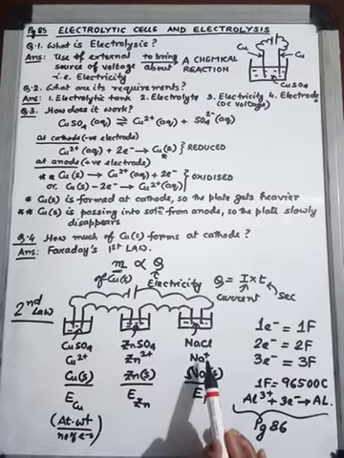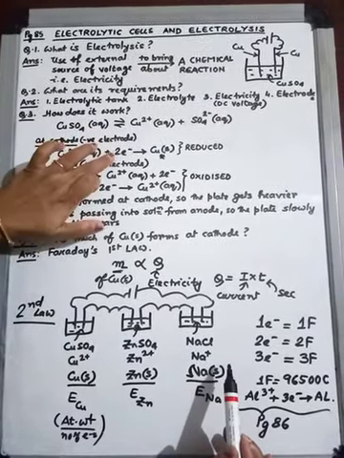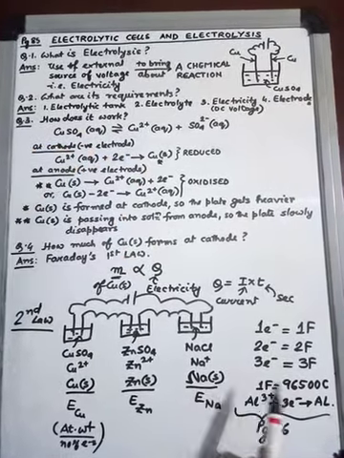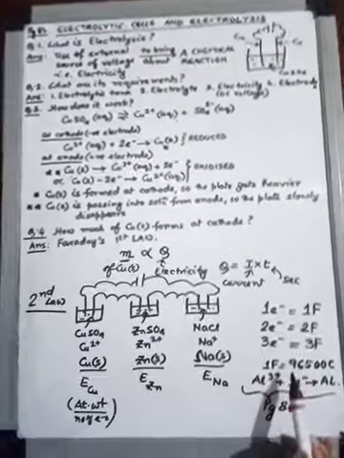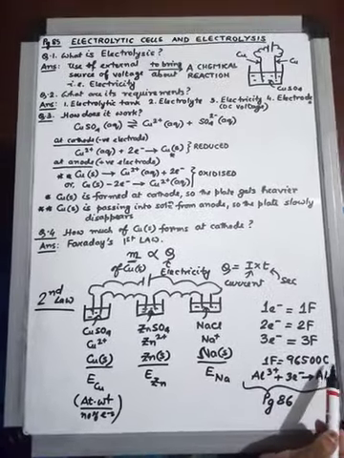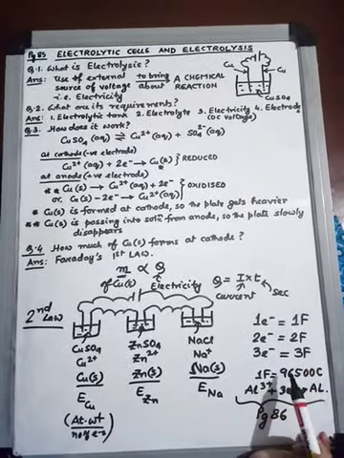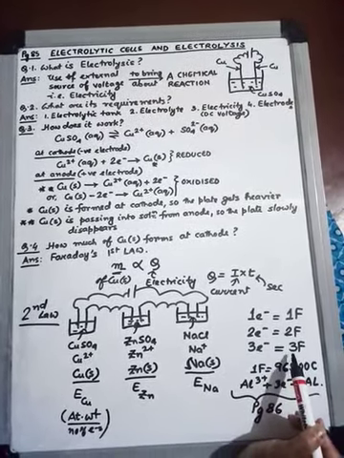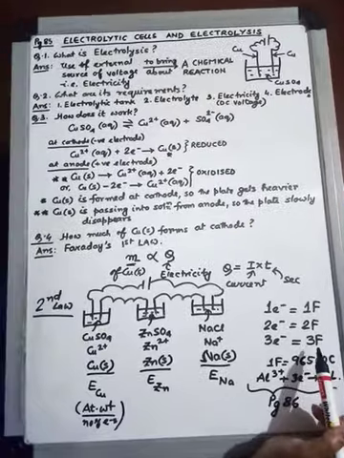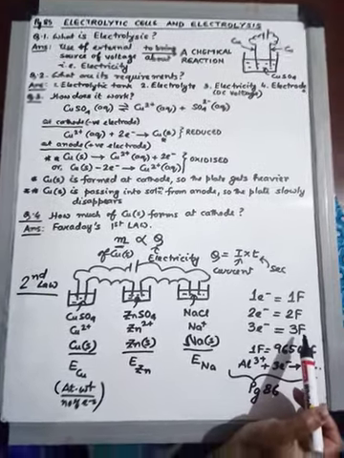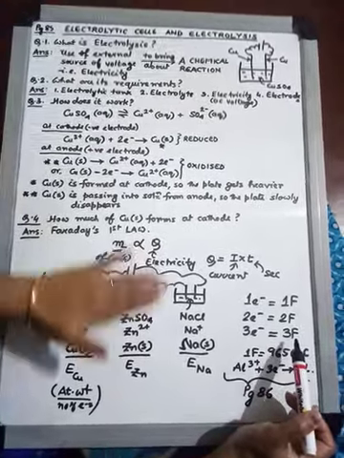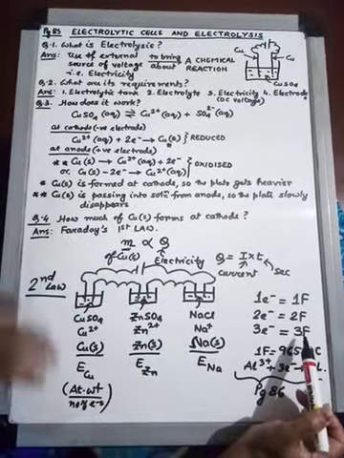So just check how many electrons are being required to become neutral. So if it requires 1, then 1 into 96500 coulombs. If it is 2, then 2 into 96500 coulombs. If it is 3, then it will be 3 into 96500 coulombs. So that is the way we understand the electrolysis or electrolytic cell.